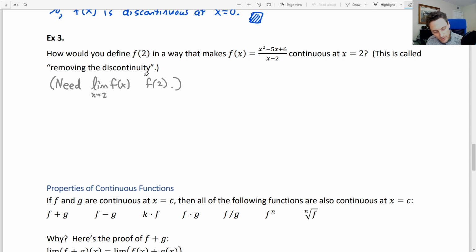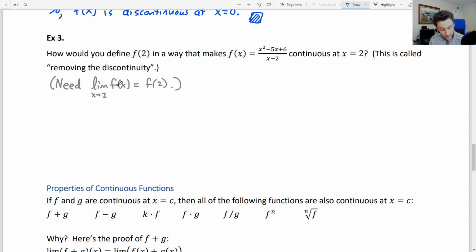If we're going to define f of 2 in a way that makes the function continuous at x equals 2, well, what does it mean to be continuous at x equals 2? This is what it means. The limit as x approaches 2 of f of x is equal to f of 2. That's the definition. So that's driving our whole thought process.